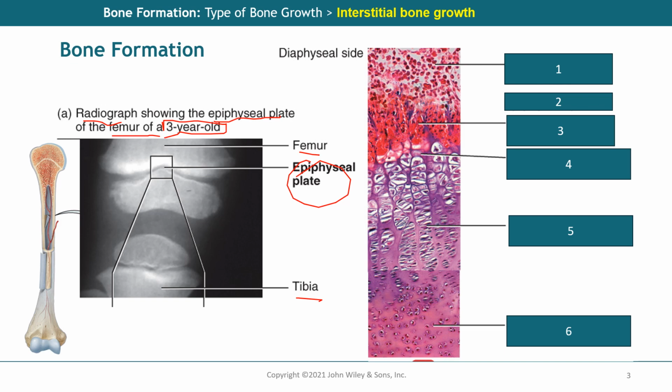Just to remind you, in the previous slide I showed you this section, but in long bones you have one diaphysis and two epiphyses, so you will have two epiphyseal plates. You will have this one and another region here, so the bone can grow longer and longer in both directions.